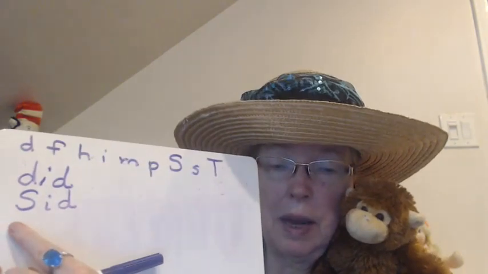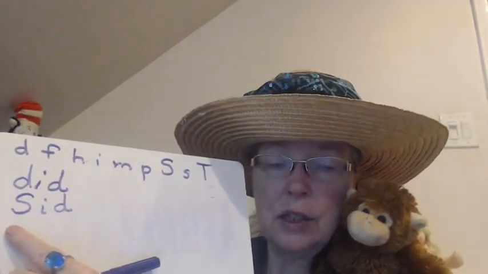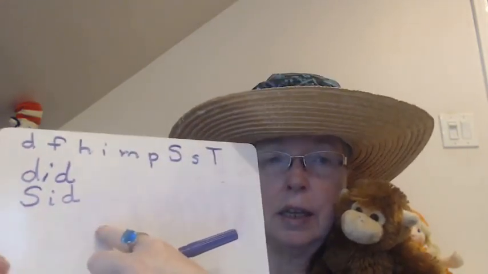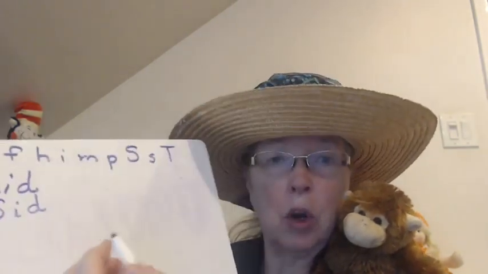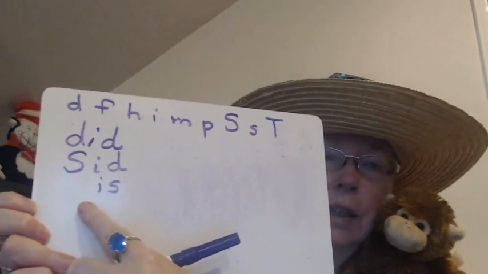All right, let's take away the S. Well, actually, let's start again. We have did and Sid. Let's go ahead and begin again. We're going to go with an I and an S. And this is.